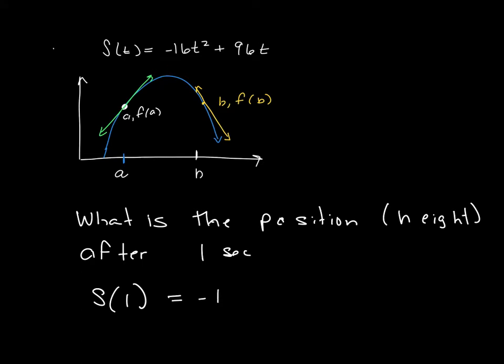S of 1 is negative 16 times 1 squared plus 96 times 1, and my output of that is 80. So the first point I'm looking at is 1 comma 80.